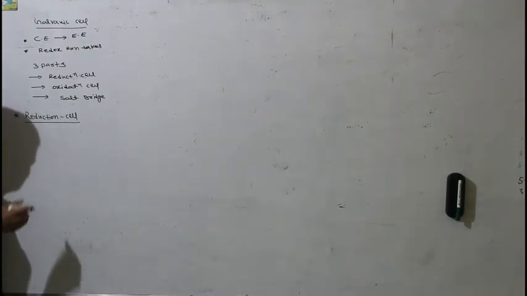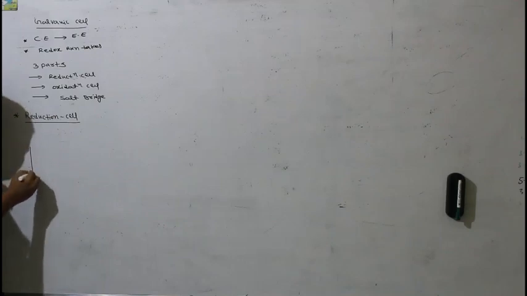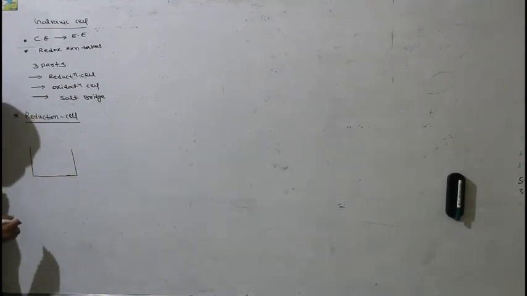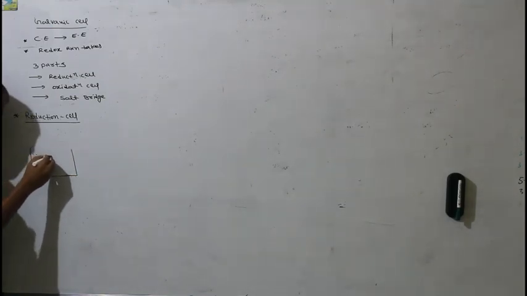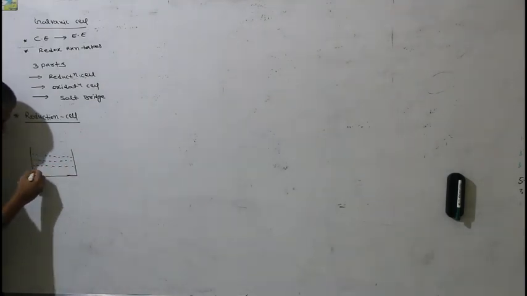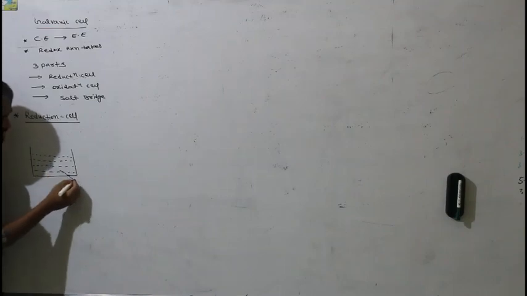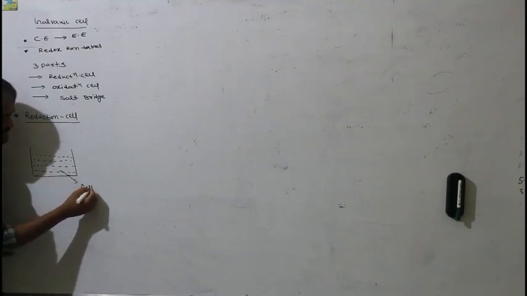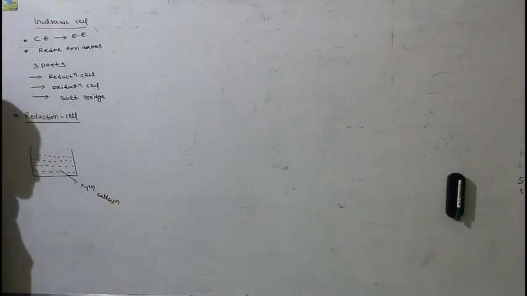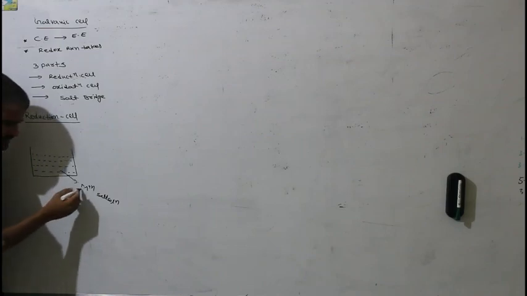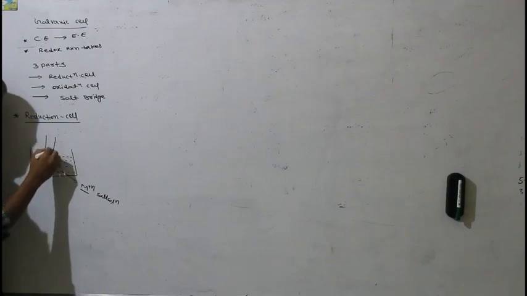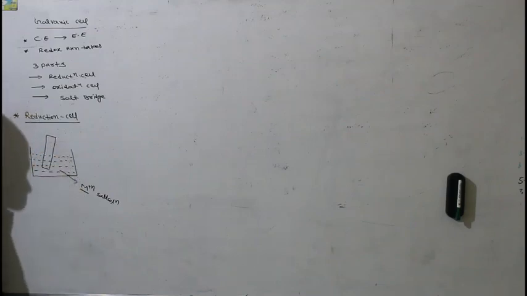In the reduction cell, I am taking one electrolyte tank and one metal salt, an M^n+ salt solution. In this, the same metal I will use. I am dipping one metal.